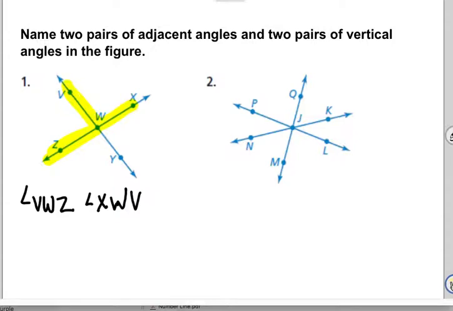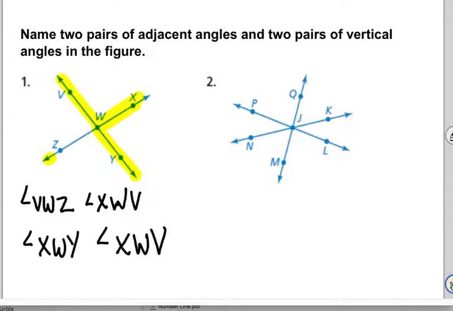What else? Give me one more pair. G, give me another pair. XWY. Angle X, W, Y. He says X, W, Y, okay? And what else? XWV. Angle X, W, V. Good, because that pulls this one.